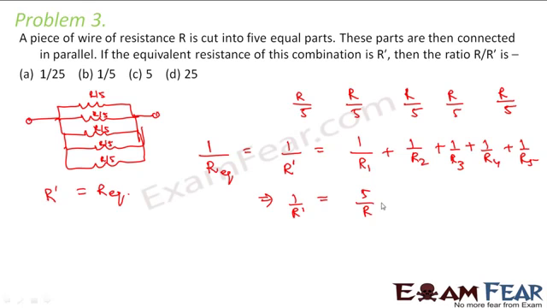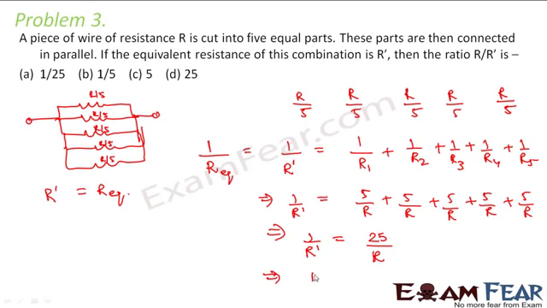So this becomes 5 by R plus 5 by R plus 5 by R plus 5 by R plus 5 by R. So this gives 1 by R dash is equal to 25 by R, or we can say that R by R dash is equal to 25. So the ratio R by R dash will be equal to 25. So this is the correct answer.